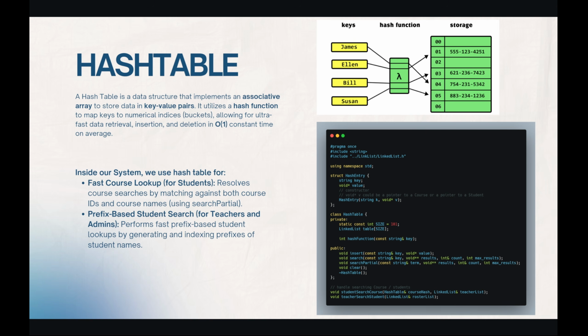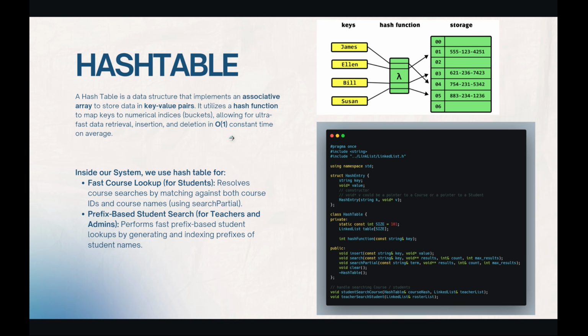So our hash table. A hash table is a data structure. Here the keyword is associative array, that stores data in key and value pairs. It uses a hash function in order to map all these keys and values together.